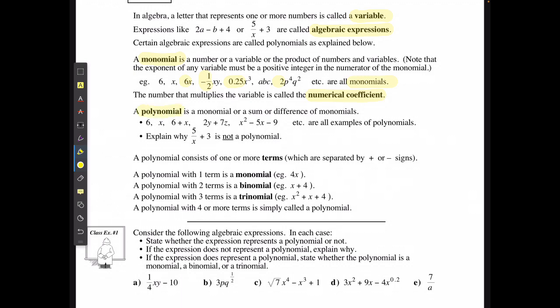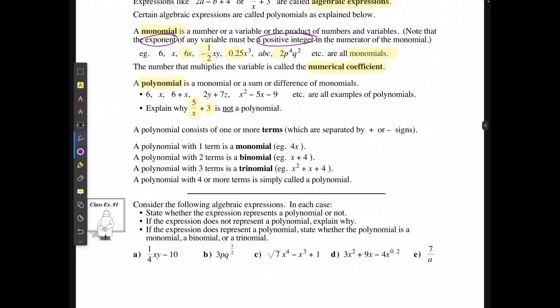Why is it that 5 over x plus 3 is not a polynomial? Well, we can see up here we said that the exponent must be a positive integer. In this case, if I'm dividing by x, it means that I'm going to wind up having a negative exponent. It doesn't actually balance out.